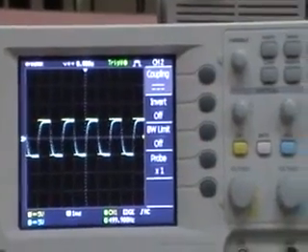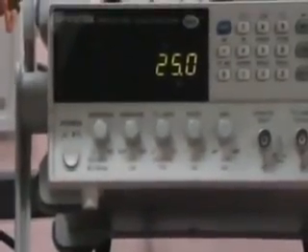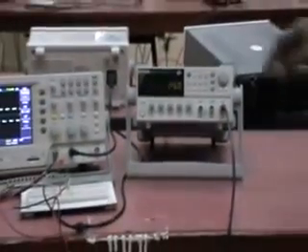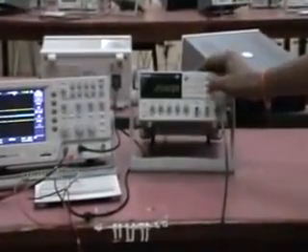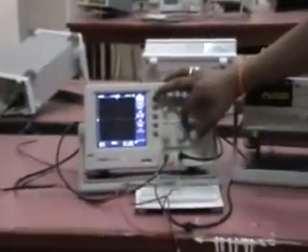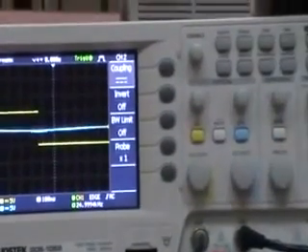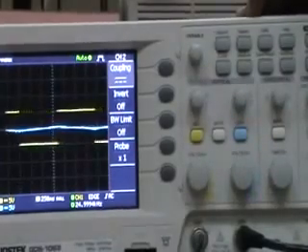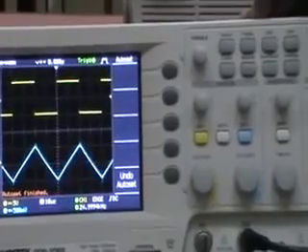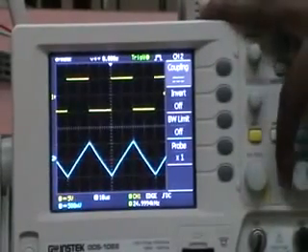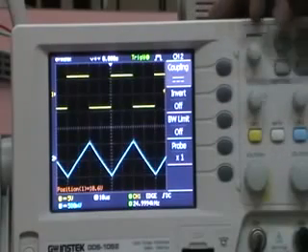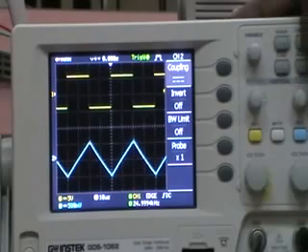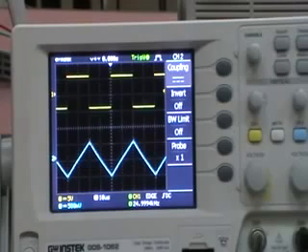Coming to the 25 kHz case, we are getting a triangular waveform because the time period is very short, so the capacitor does not get sufficient charging or discharging time, rising time or falling time.